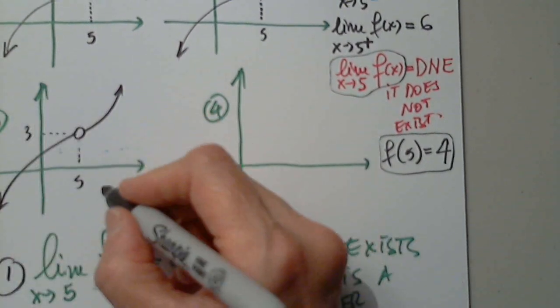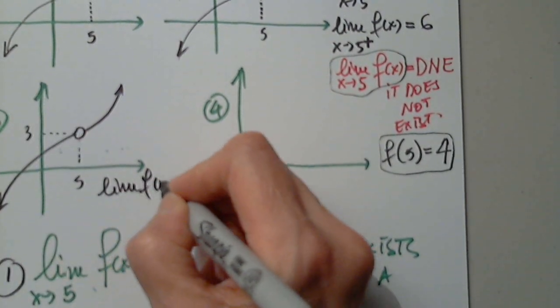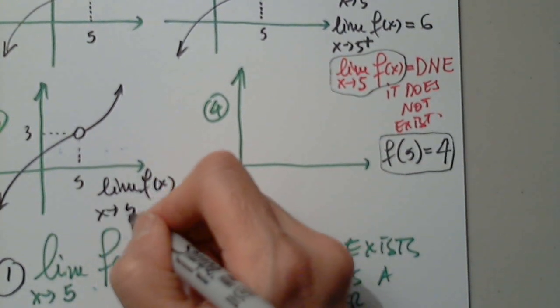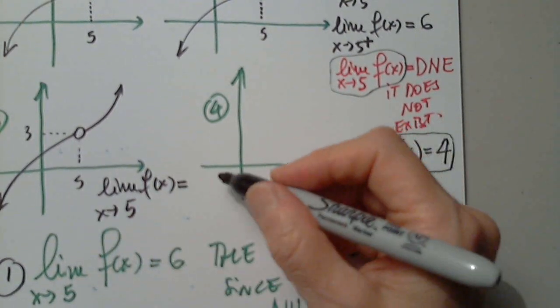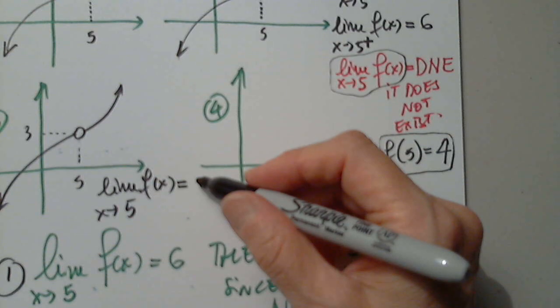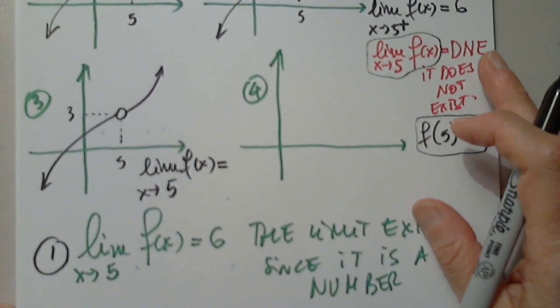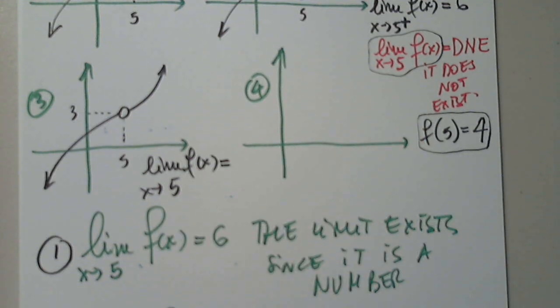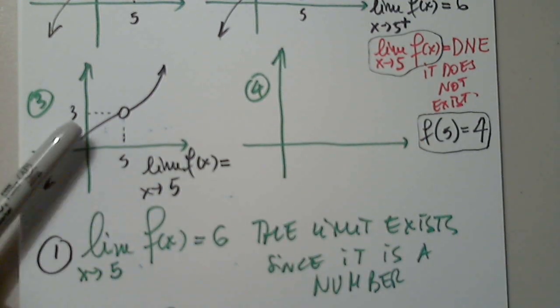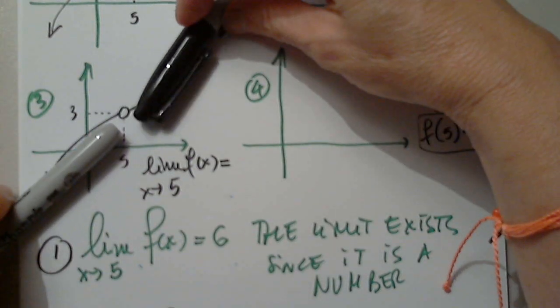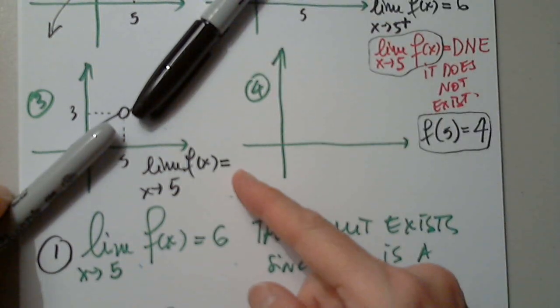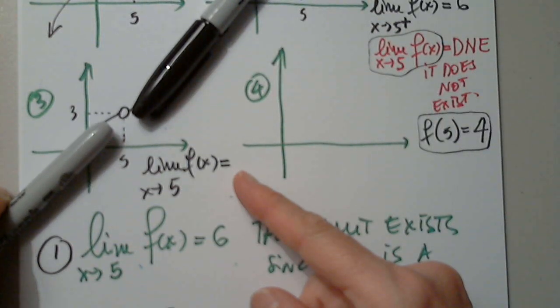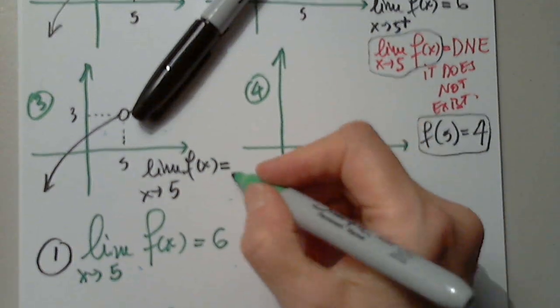For case number 3, what is the limit of f of x as x approaches 5 from either side? Yes, absolutely.